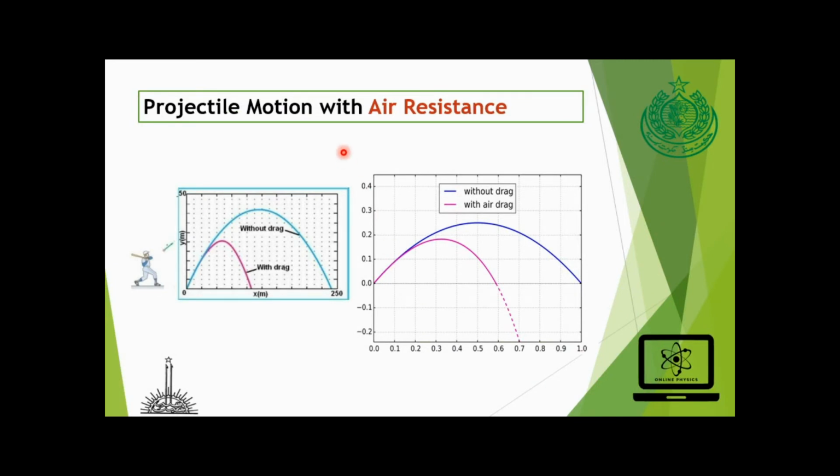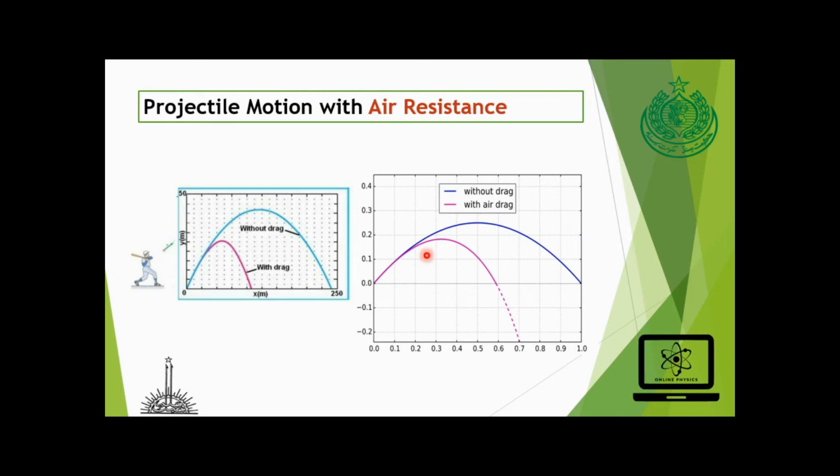But now we will see the projectile motion with air resistance. Air resistance is a function of velocity. The greater the velocity, the greater the decelerating effect of air resistance. At low speed, the effect of air resistance is usually neglected, but at higher speed, the path of a projectile will no longer be described by a parabola as defined in the equation.